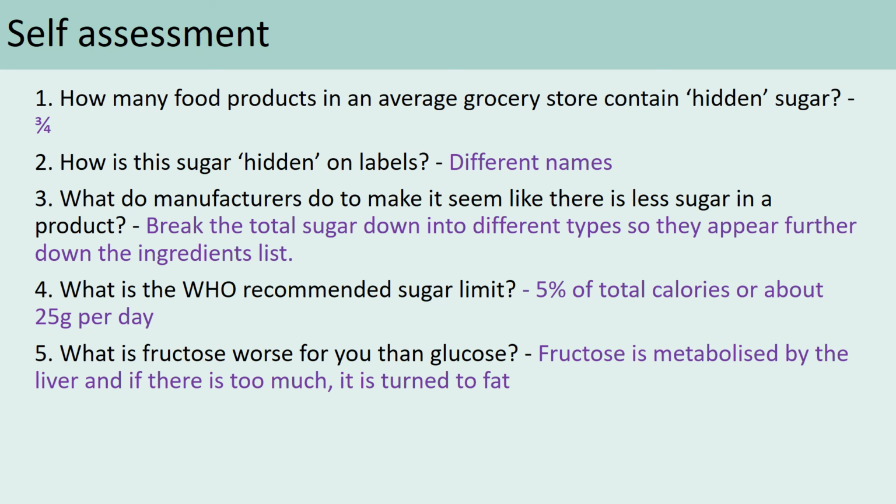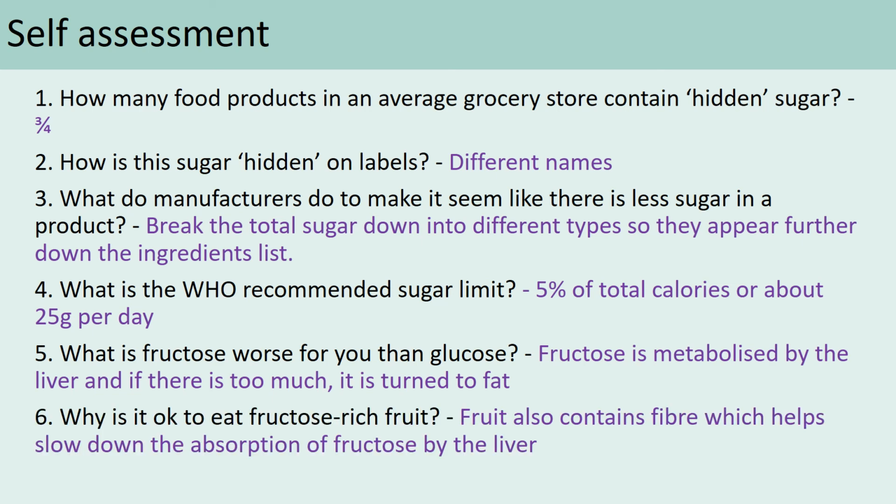So there are different sugars that are processed in different ways. Fructose is actually metabolized or broken down by the liver, and it's the liver that will actually convert it into fat. Number 6, why is it okay to eat fructose-rich fruit? Because fruit also contains lots of fibre, which slows down the absorption of fructose by the liver.